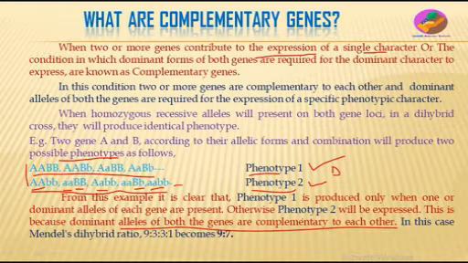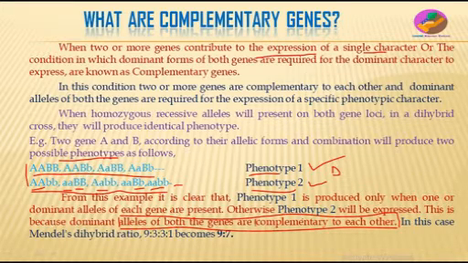What is meant by complementary? This statement is very important: both genes are complementary to each other. It means that for the expression of any dominant character, both genes should come together and help each other for the expression of that character.